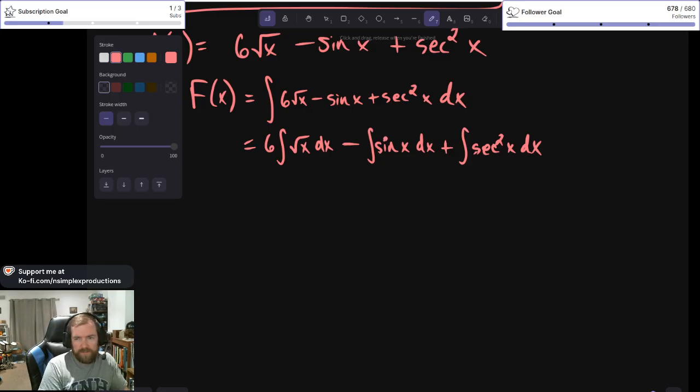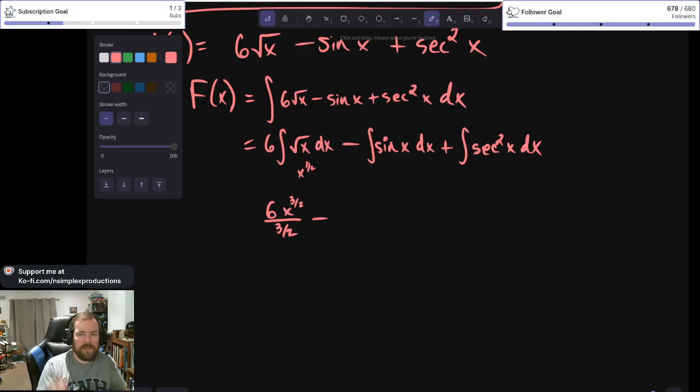So for this one, we're going to look at this and say, okay, root x is x to the 1/2. So if we take the antiderivative of that, hey, wait, that worked with the one that we just saw above. So this is going to be 6 divided by x to the, add 1 to the exponent, 3/2, and then divide by the new exponent, 3/2. Again, plus c.